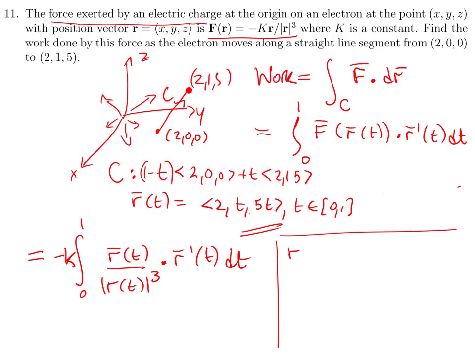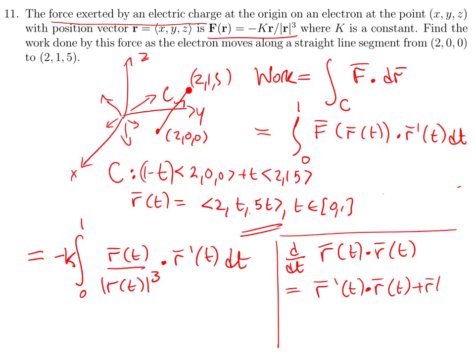So let's just calculate this. It's something we did early in the course. What's d by dt of r of t dot r of t? This is just the magnitude squared. Well, by the chain rule, it's r prime of t dot r of t plus r of t dot r prime, which is just 2 r of t dot r prime of t.